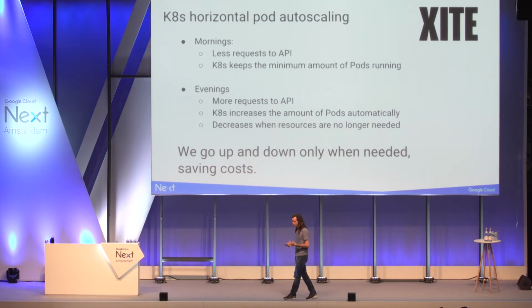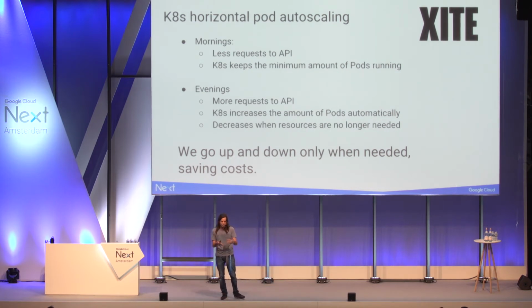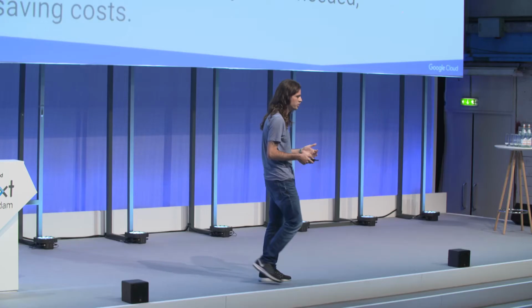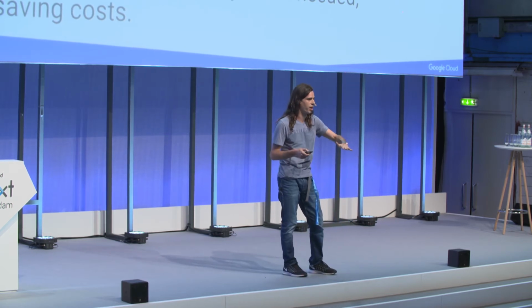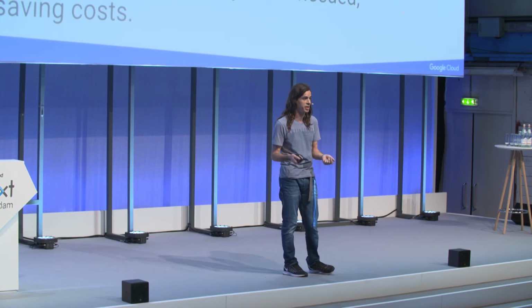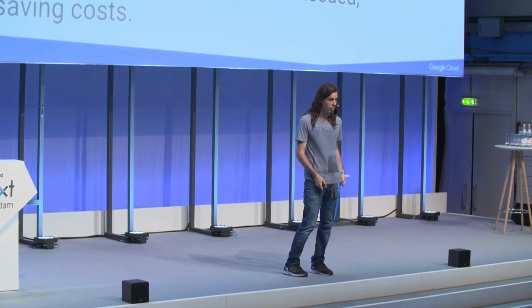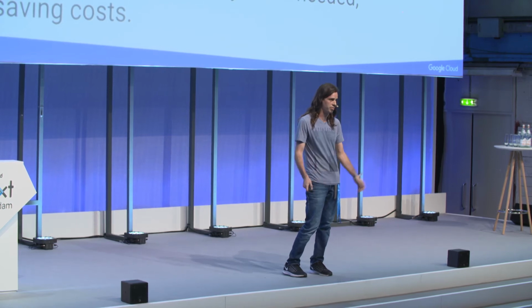However, in the afternoon and evening, when we have more people watching our channel and more traffic arriving, Kubernetes can detect it and automatically increase the number of pods. So our platform is ready for this new traffic, and we can still keep replying in time. As soon as Kubernetes realizes these resources are no longer needed, it will automatically scale your platform down. So this also saves money, because you don't need to run more resources than what is really needed at that moment.